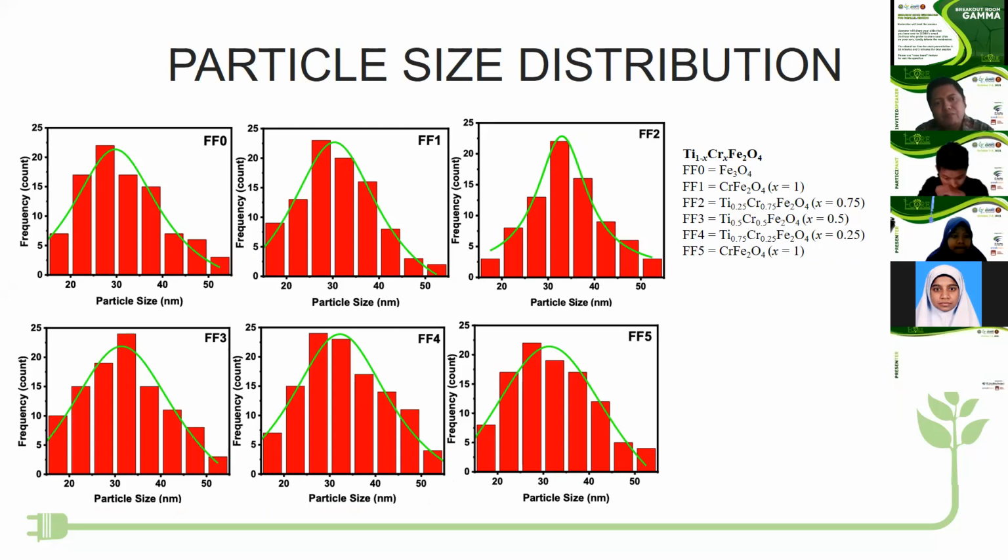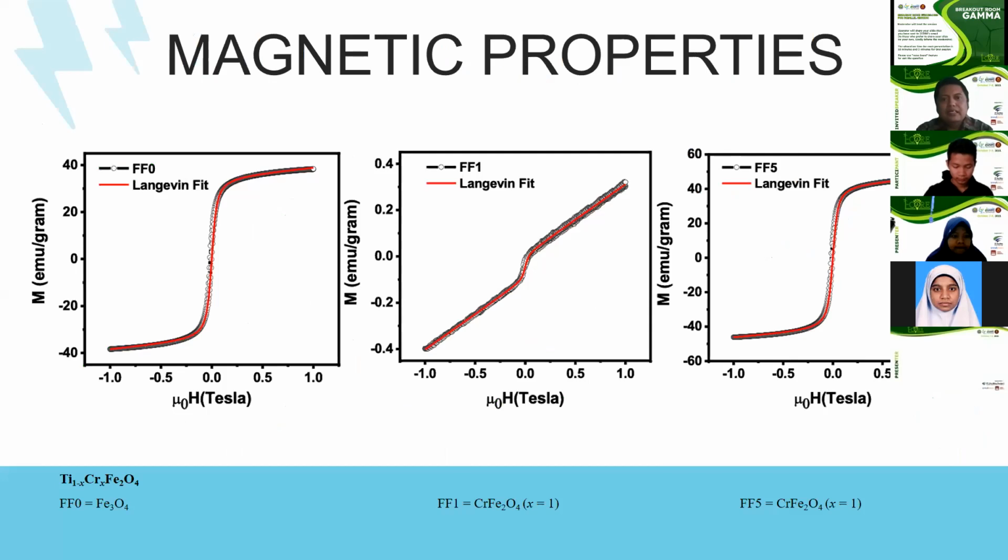For example, for Fe3O4, this is about 30 nanometers. And the other ones, for example, the chromium ferrite oxide, are also very small in nanometric size. The next one, we can see the magnetic properties.